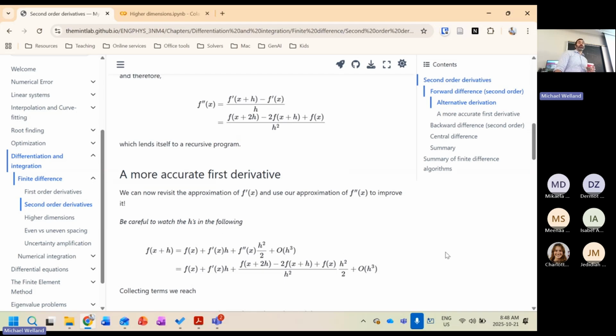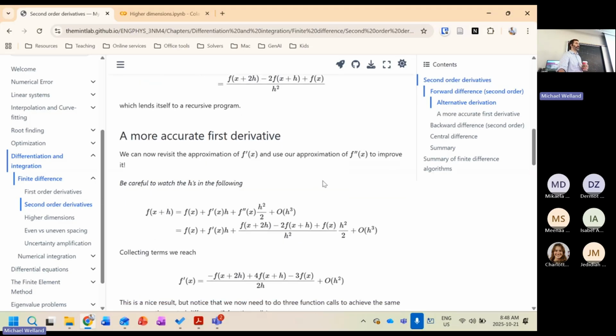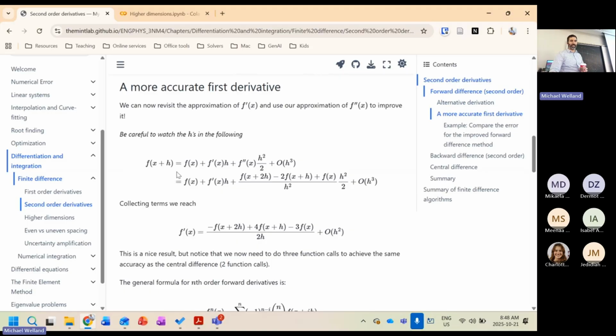So we can now use our approximation of f prime, so we can do this both ways, right? We can revisit the original approximation of f prime and use our approximation for f double prime to improve it. The way it works, and you have to be careful with the h's, because you've got h above, h below, h cubed, squared, everything. Take your time with it.